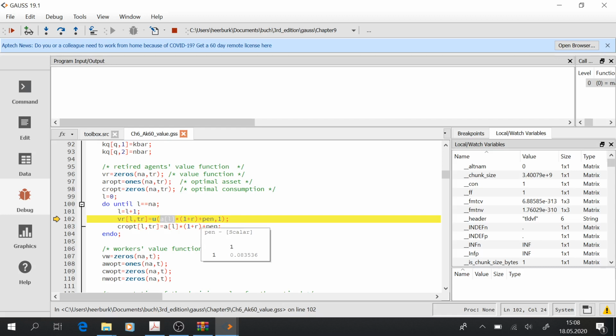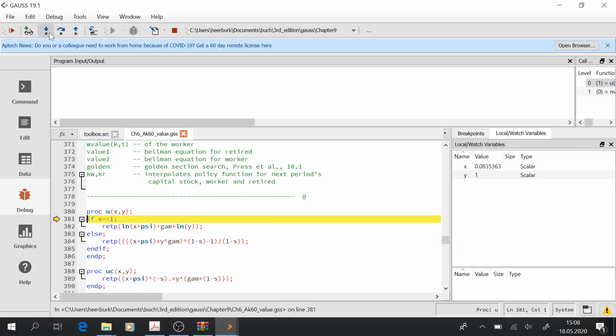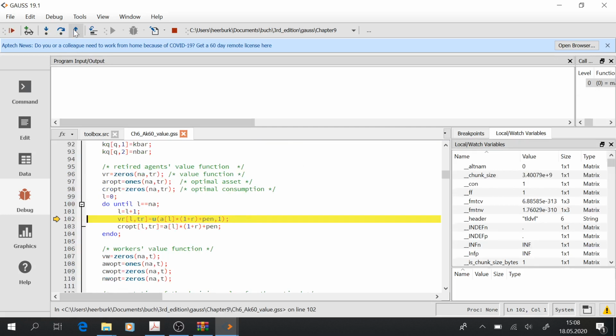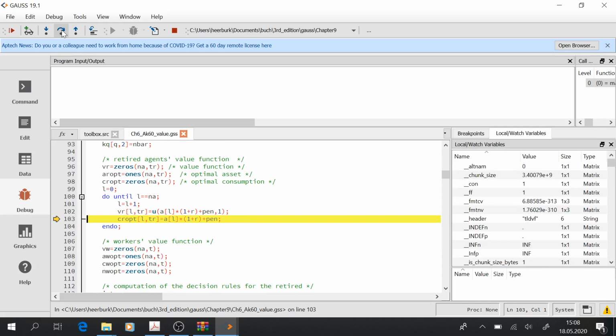And this provides us with the utility as specified in the procedure U. So let's go down into this procedure. And we compute the Cobb-Douglas utility in this procedure U. So let's return. And we store the utility at age 60 given wealth A of L.